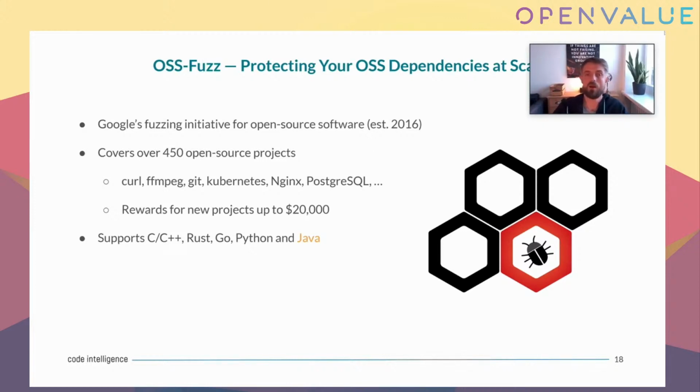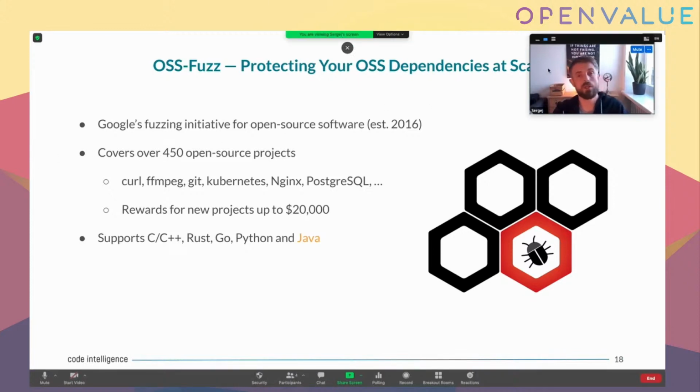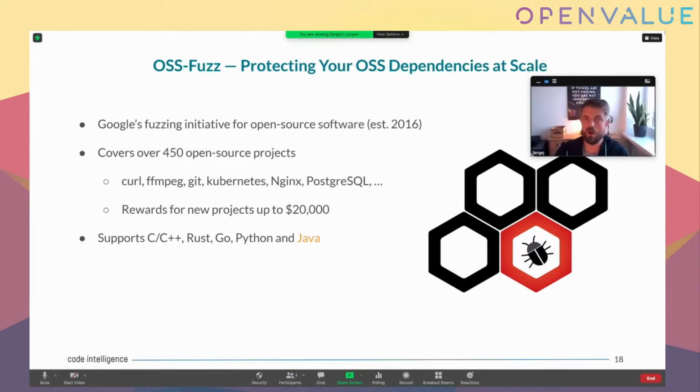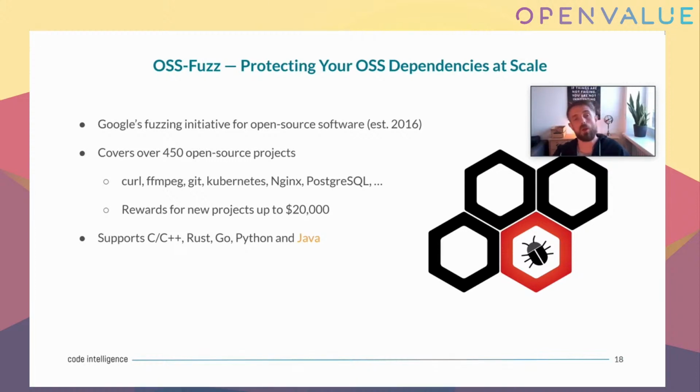After open sourcing our Jazzer, the Java fuzzer, we started to collaborate with Google. There is an initiative for fuzzing from Google. If you have an open source project written in C, C++, and now also Java, you are able to fuzz your application continuously inside the infrastructure with Google.